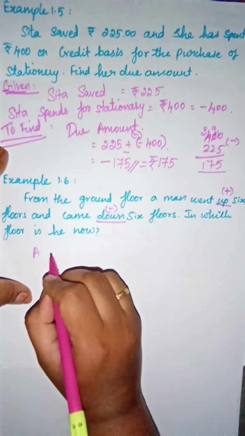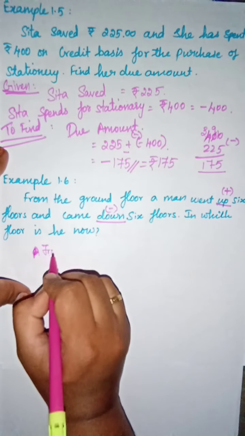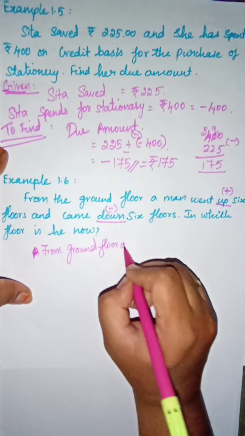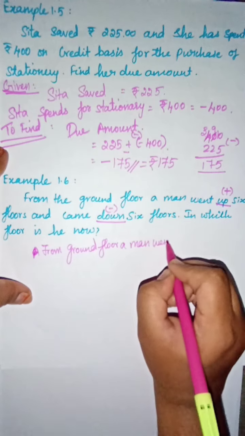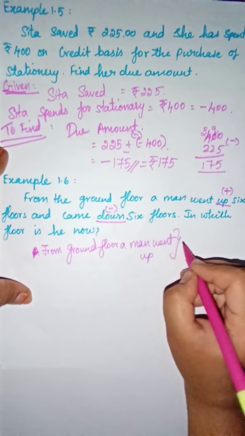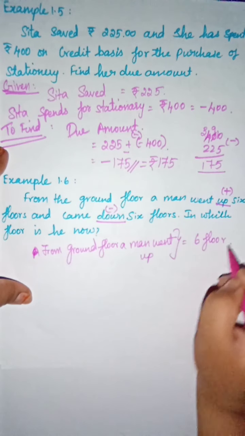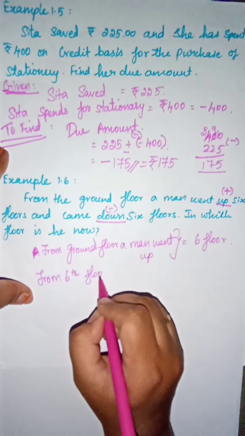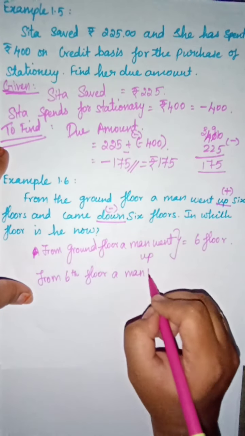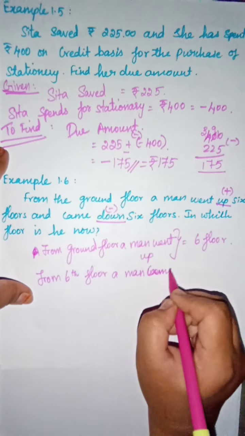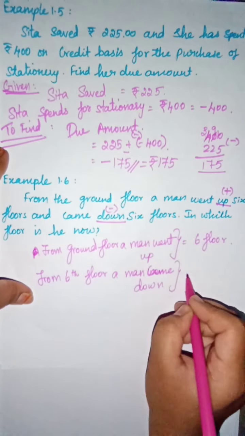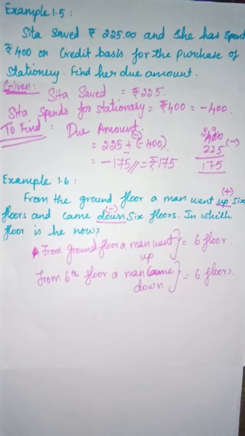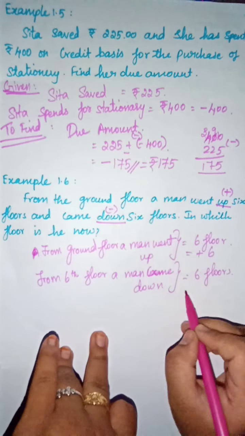Then from the sixth floor a man came down six floors. So here down means how we have to convert? Up means plus 6, down means minus 6.